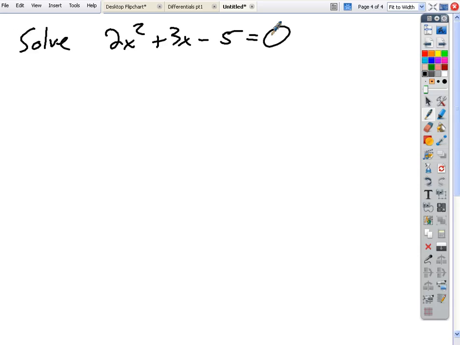We won't even necessarily do it, but I want to know, what would your strategy be? Quadratic formula, sure. Quadratic equations in standard form are really easy to solve because either they're going to factor very simply or we won't bother and we'll use the quadratic formula. No big deal.